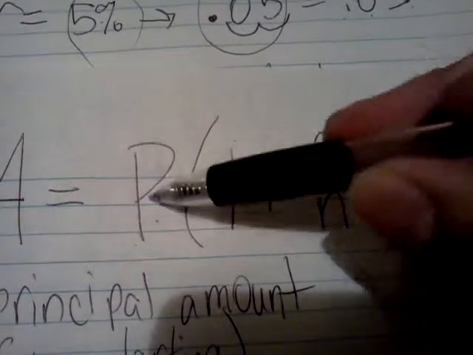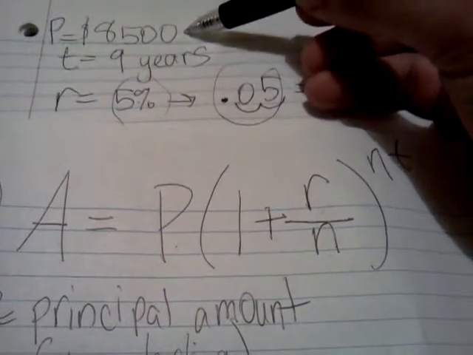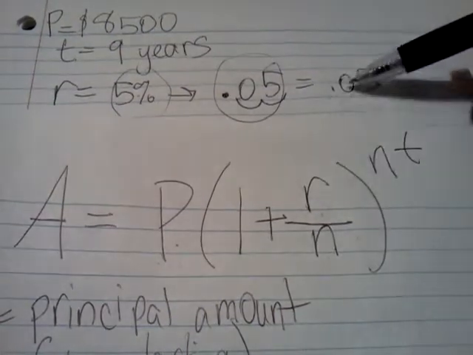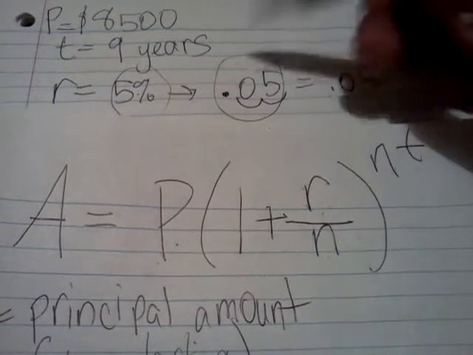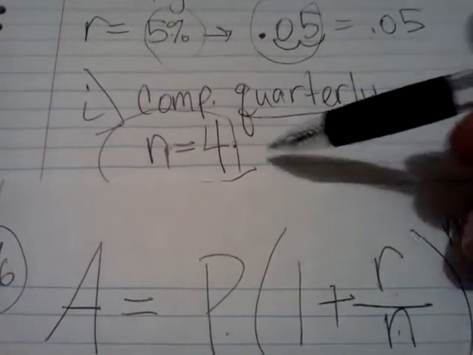So if we go to our formula, we have our P, which is what we're starting off with. We have our R, which is our rate. We have our T, which is our time. And N, we just said N equals 4.